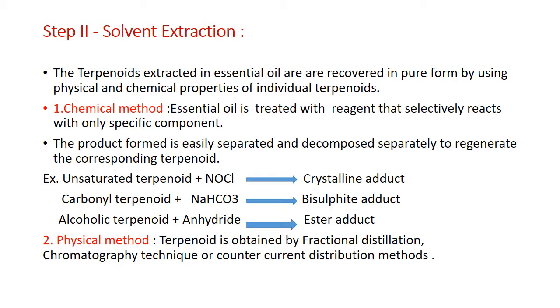Here we study the rate of flow, the ratio of distance traveled by the solute to distance traveled by the solvent. Based on the rates of flow, the radicals or components present in the mixture are separated from each other.